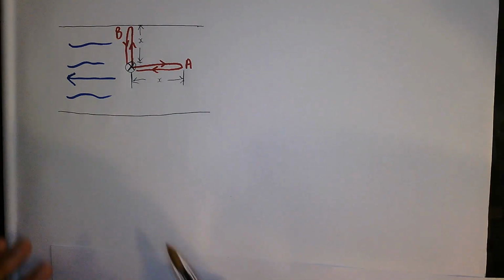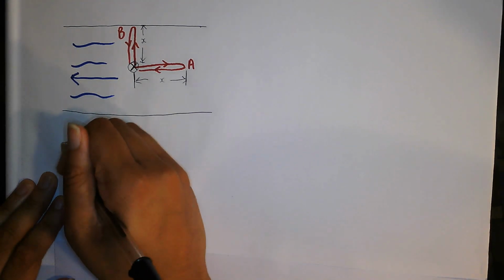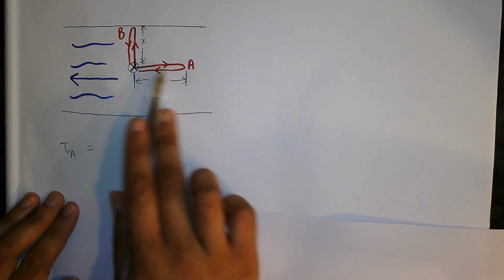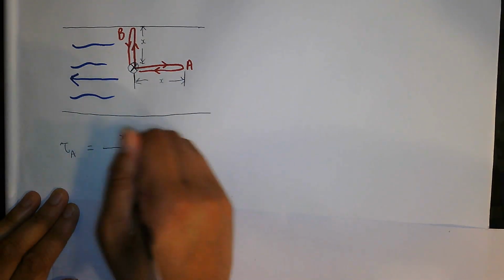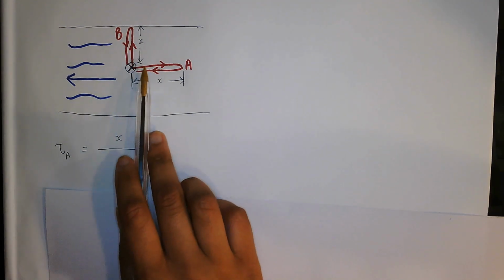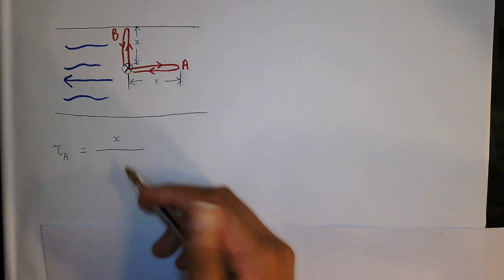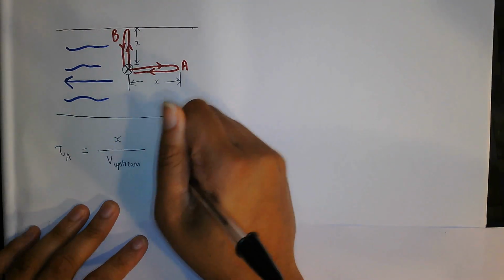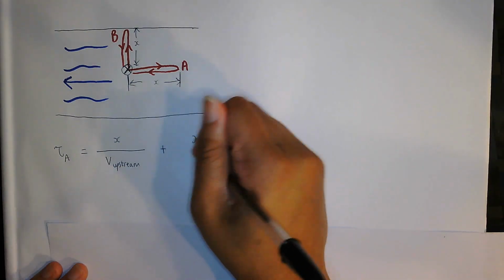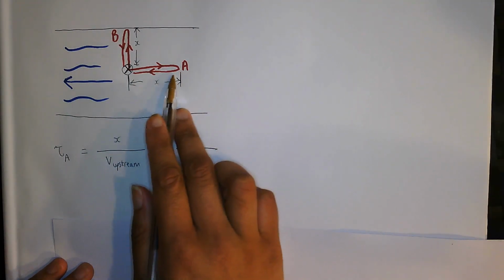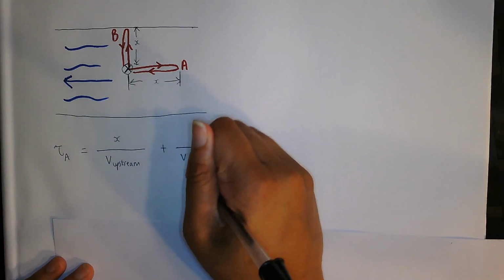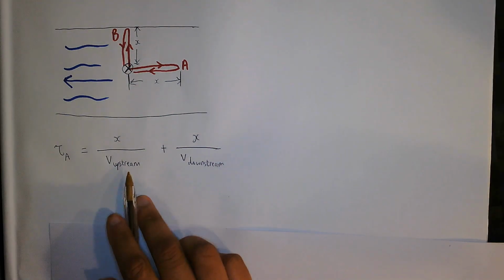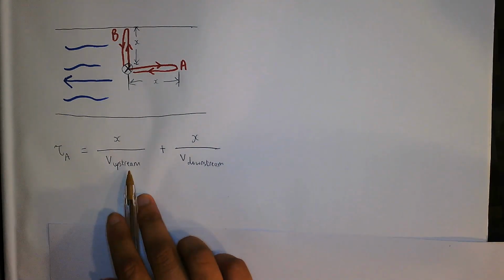So tau A is going to equal the distance that it travelled, x, over its velocity when it was travelling upstream, so I'm going to call that v upstream, plus x over its velocity when it was travelling downstream, so v downstream. And these two velocities are velocity magnitudes, and they are the resultant velocities.